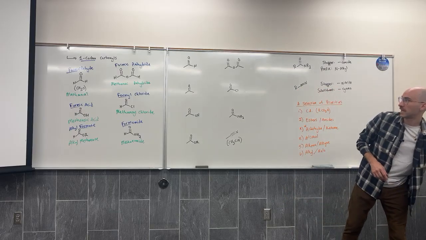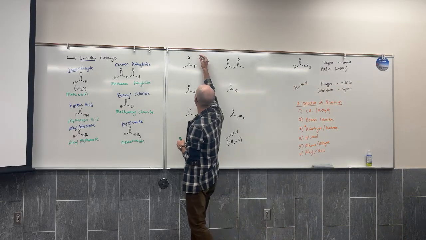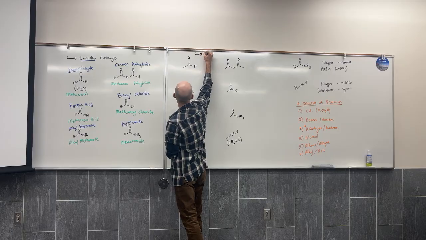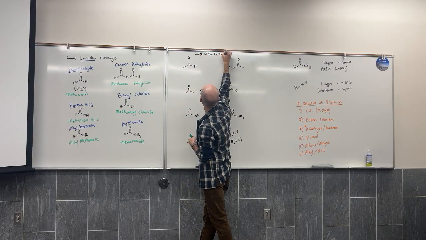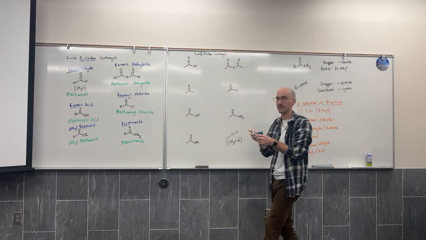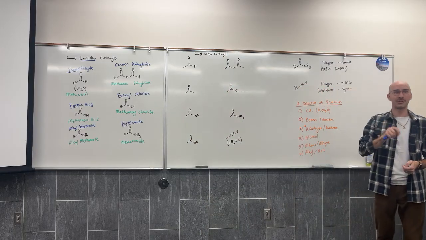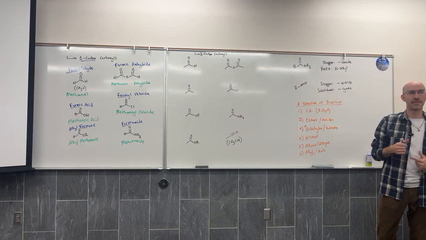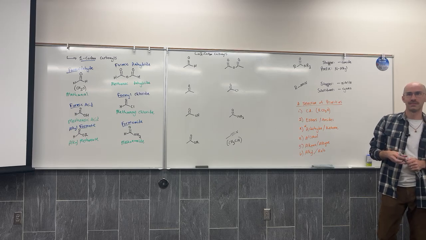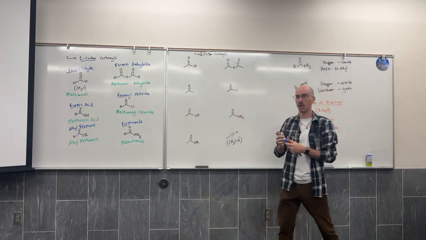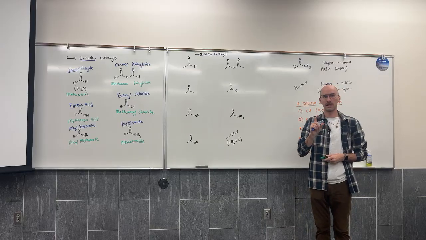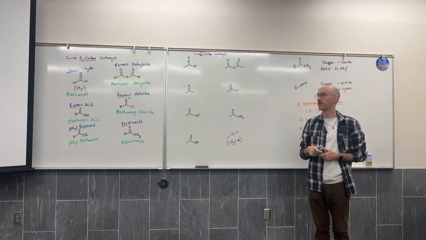I phrase this as 2-carbon carbonyls. But one of these is actually an outlier on that. One of these is not a 2-carbon carbonyl, it's a 3-carbon carbonyl. So in order to convince you that it really is a 2-carbon carbonyl, I'm going to show you a perspective.